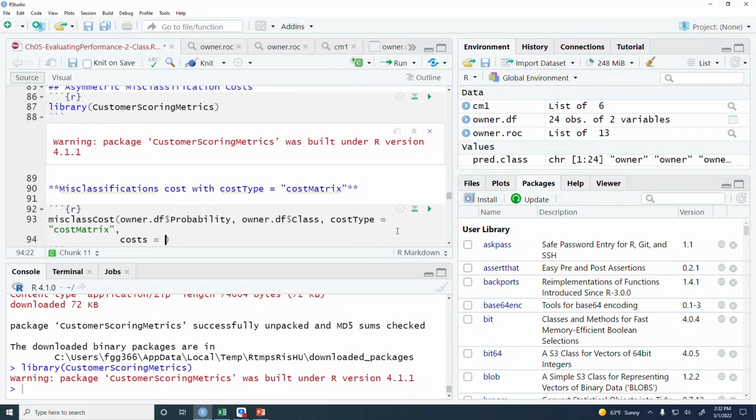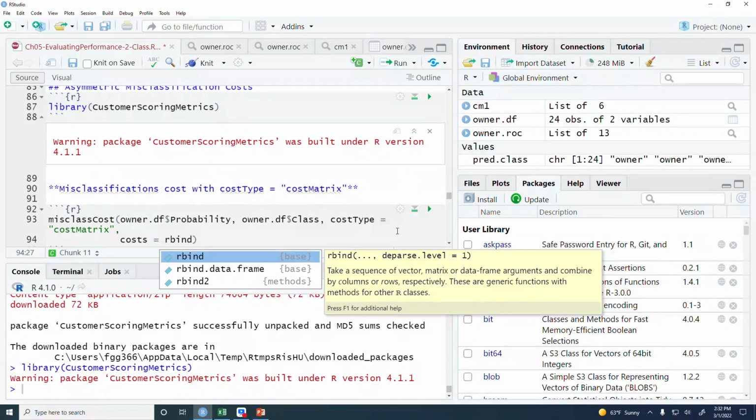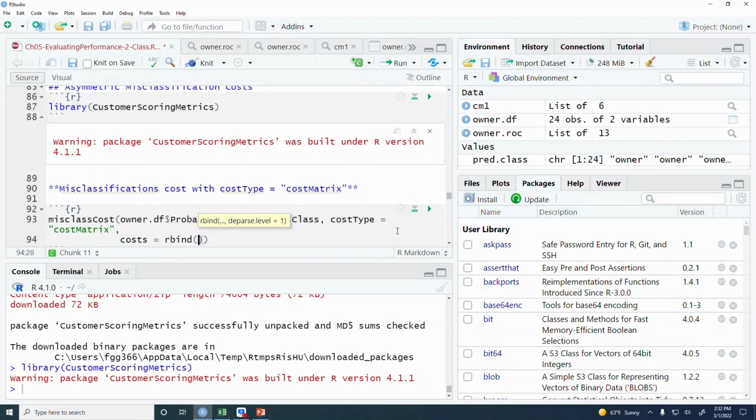To specify a matrix, we use rbind, and you give them as vectors. The first line is 0, 10, and the second one is 1, 1. And then if you want to use a different cutoff point, you can do that.